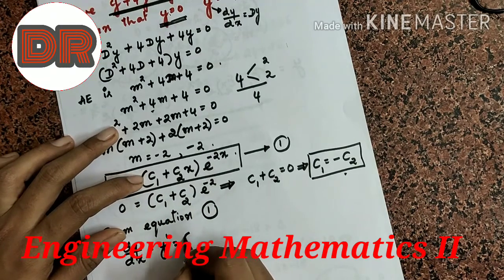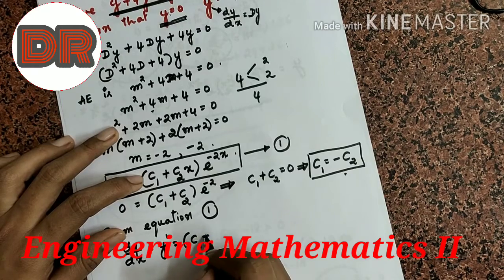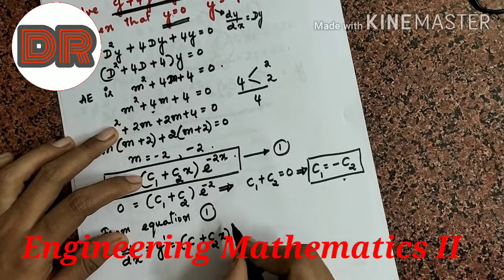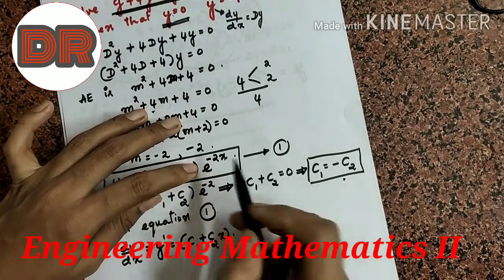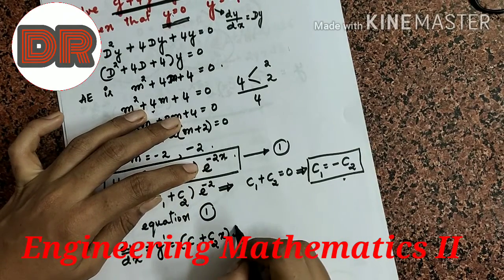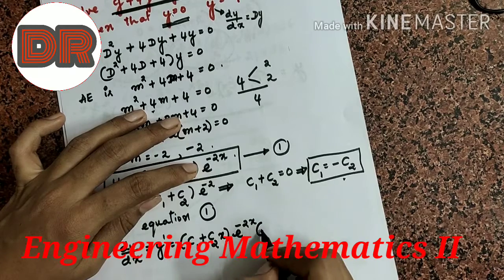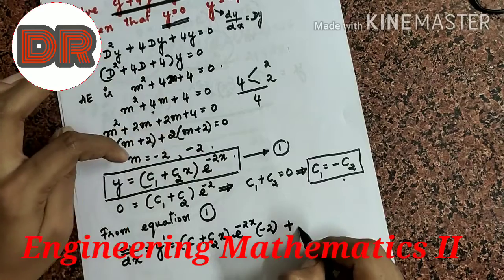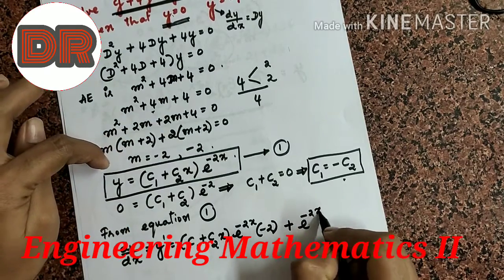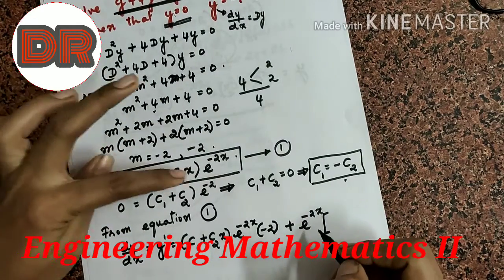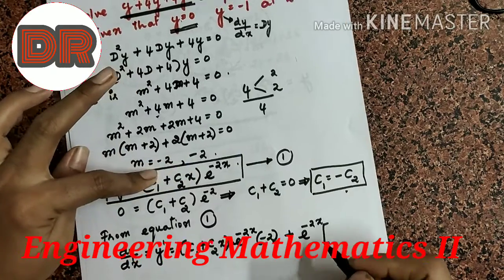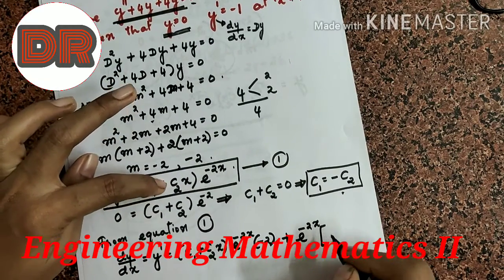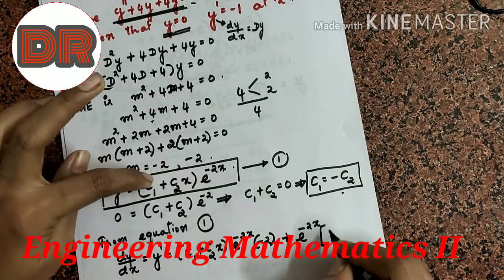The differentiation will be first term into differentiation of second term. What is the differentiation of e to the power minus 2x? It is e to the power minus 2x into minus 2, plus the second term, e to the power minus 2x, into differentiation of the first term. Differentiation of the first term is: differentiation of c1, since it is a constant, is 0, plus c2x, whose differentiation is c2.